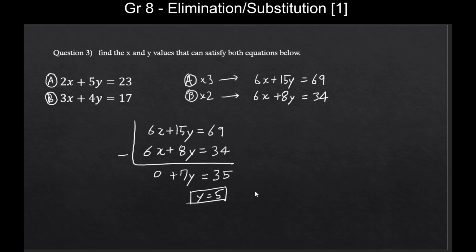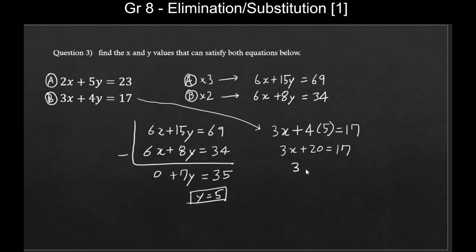Now I need to substitute this y value. This time I'm gonna use this one, which doesn't matter, right? I'll just use the second one. So 3x plus 4 times 5, because our y value is 5, should equal 17, which means 3x plus 20 is equal to 17.